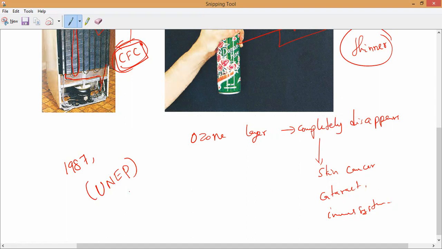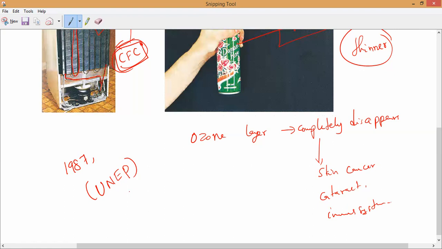So the first attempt to protect the ozone layer was made in 1987, an agreement among member countries to freeze CFC production at 1986 levels. It should be stopped at a maximum; we are not supposed to use it.